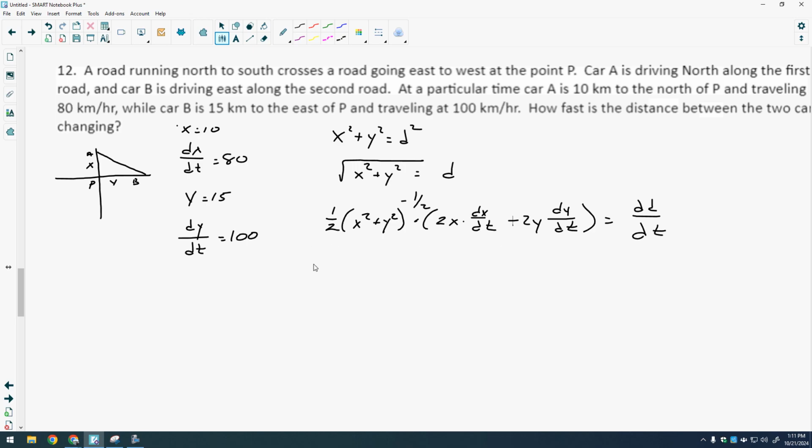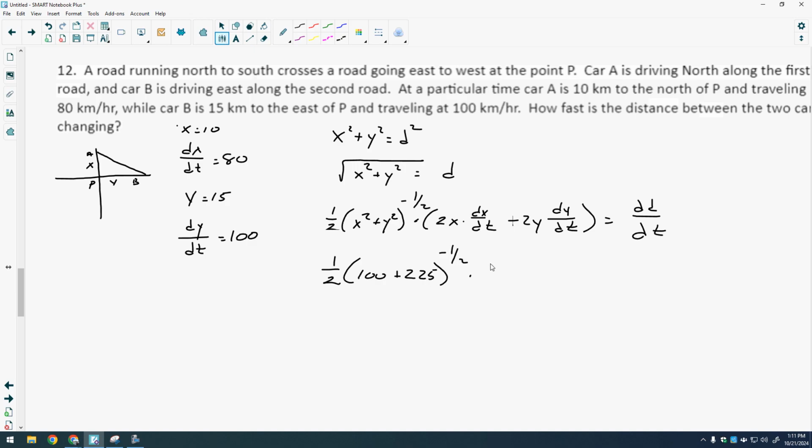Okay, plug in what I know. 1/2, x was 10, 10 squared is 100, plus y, which is 15, 15 squared is 225. This is a calculator part, so you can do all of this on the calculator if you're stressed that you can't do what I just did in my head.